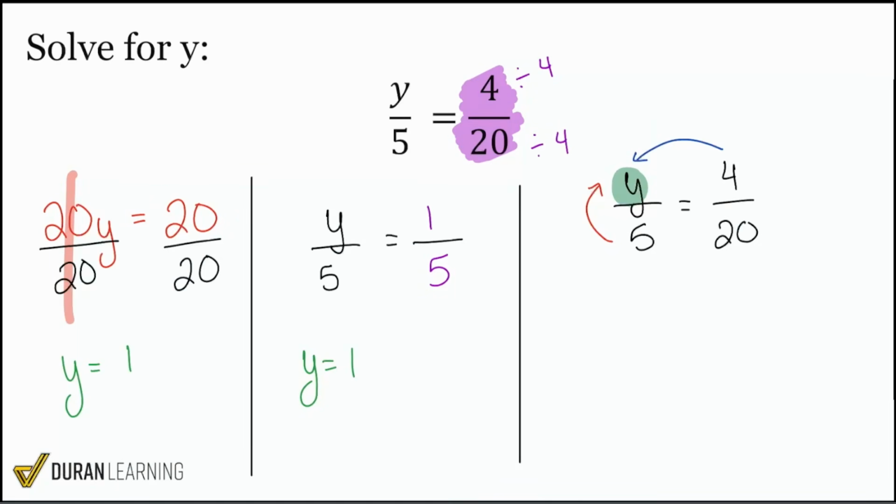I can see, let me use blue again, that going from 20 to 5 is a division of 4, because 20 divided by 4 gives us 5. So if it's divide by 4 from right to left on the bottom, it's going to be the same thing up top. Right to left, divide by 4. Everybody, what's 4 divided by 4?